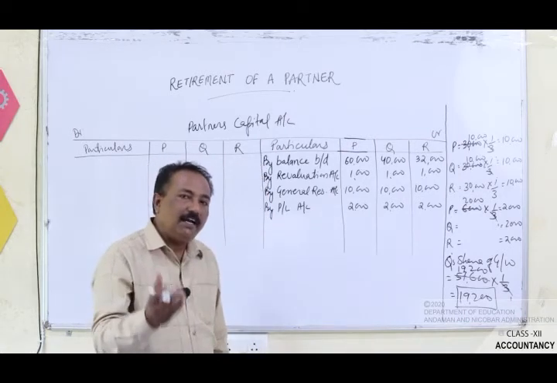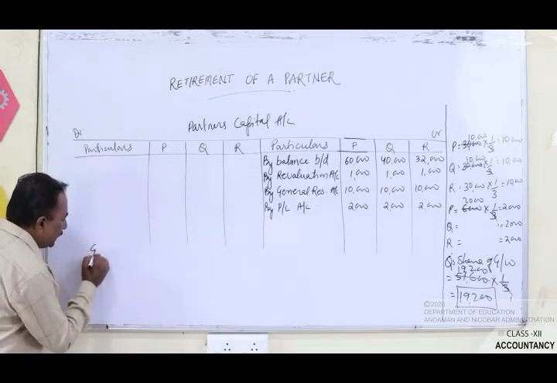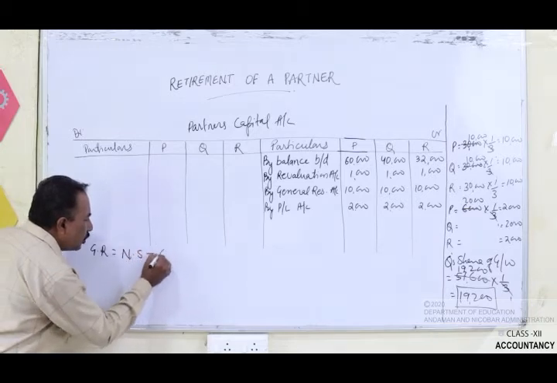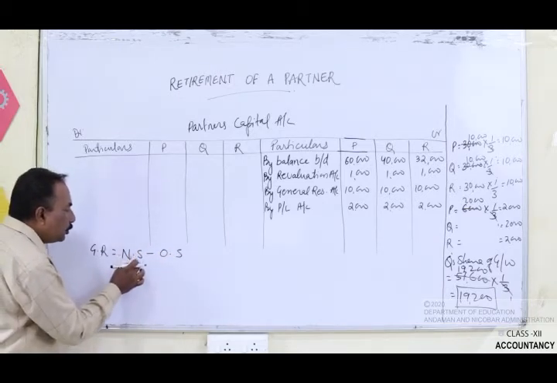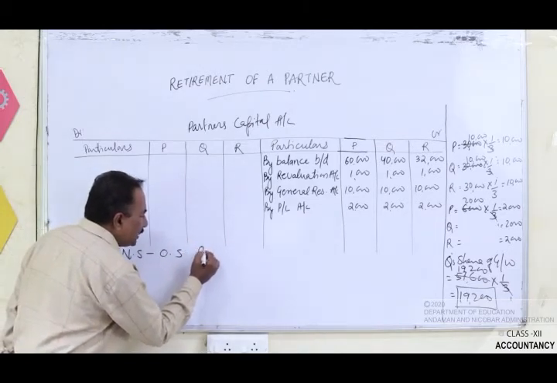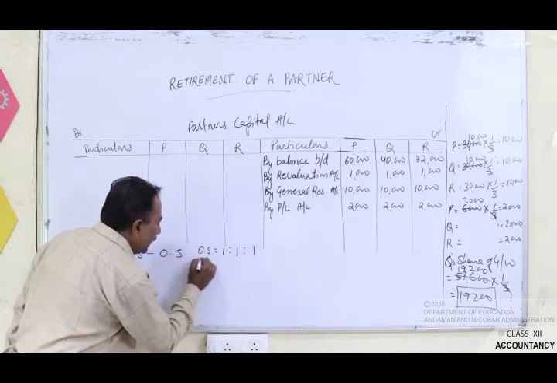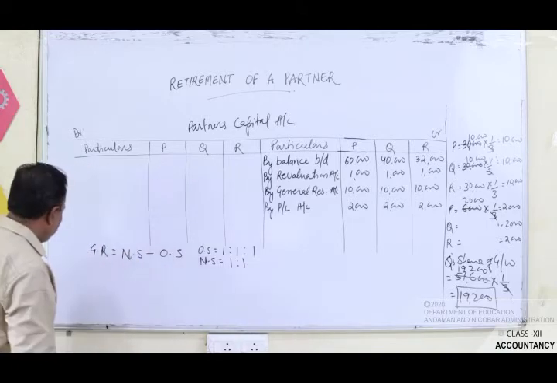Now, let us find out the gaining ratio. How do you calculate the gaining ratio? Gaining ratio is equal to new share minus old share. For calculating the gaining ratio, you should know the new share and the old share. Let us write here first. Old share is 1:1:1 and new share is 1:1.